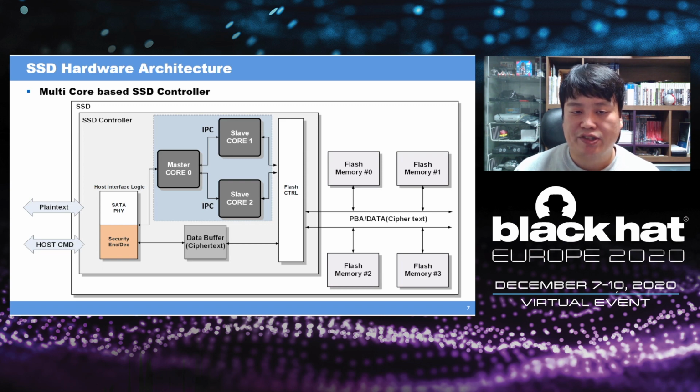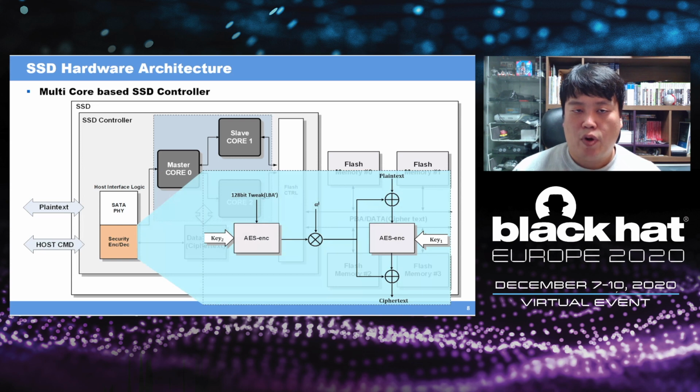In a multi-core based controller, the master core only works on the host interface, and the slave cores only work on the flash translation and flash interface. The master core and slave cores each have their own data memory. Using IPC, the master core and the slave cores can transfer data over shadow memory.